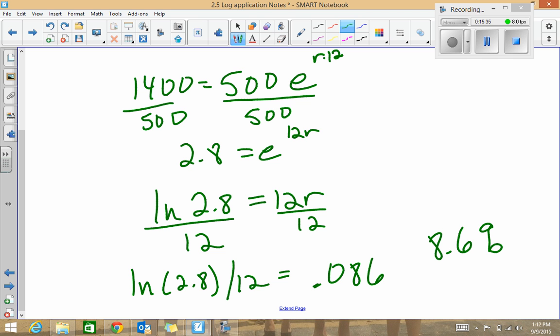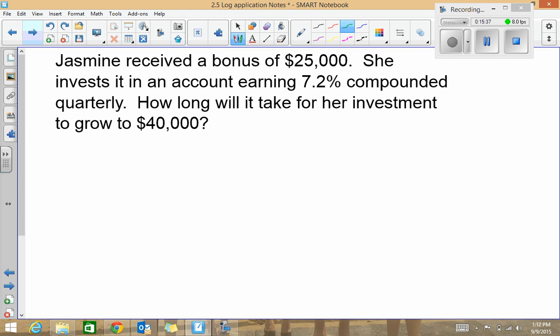Okay? Okay, next example. Jasmine received a bonus of $25,000. She invested in an account earning 7.2% compounded quarterly. How long will it take for her investment to grow to $40,000? So again, she received $25,000, so that is her initial amount.